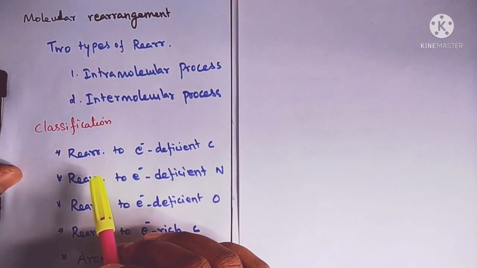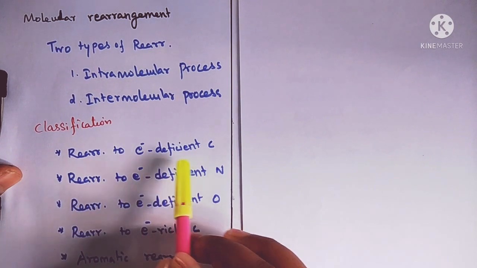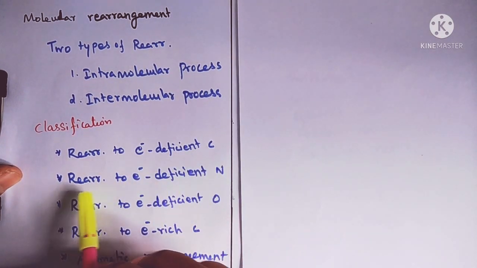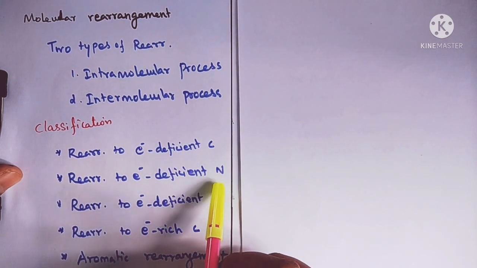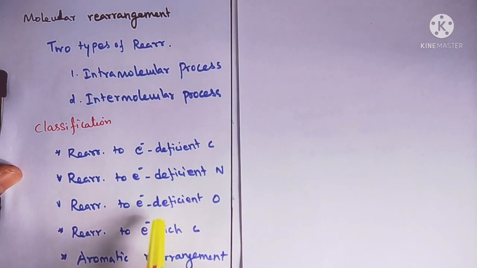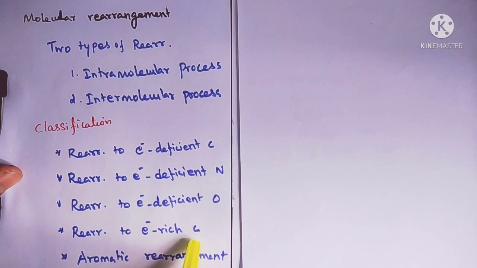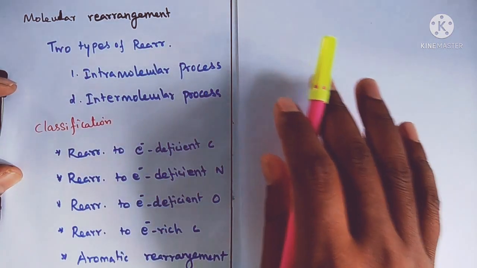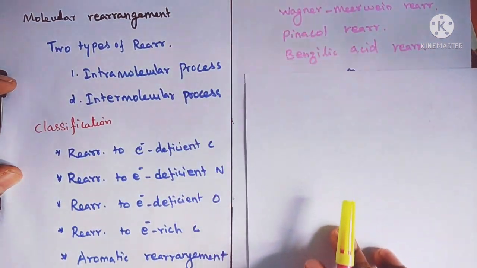For example, rearrangement to electron deficient carbon, electron deficient nitrogen, electron deficient oxygen, electron rich carbon, and also aromatic rearrangements. Each classification has different methods.